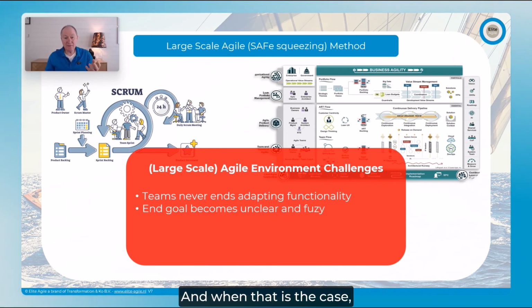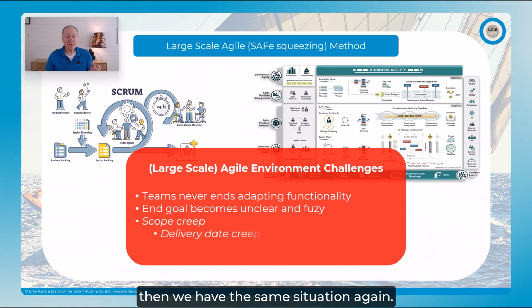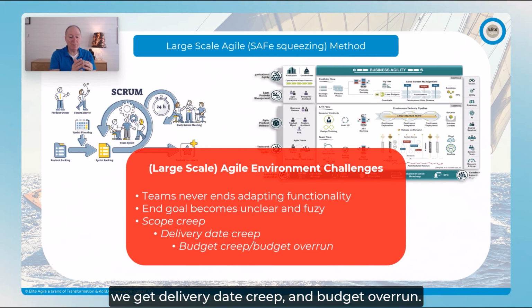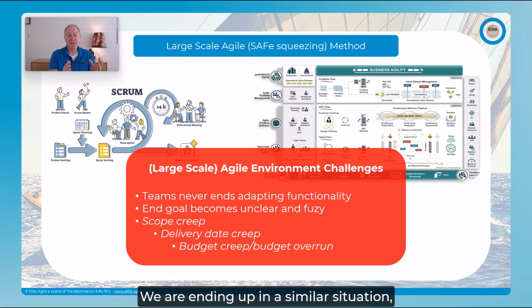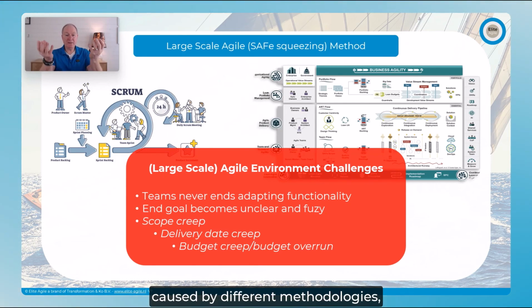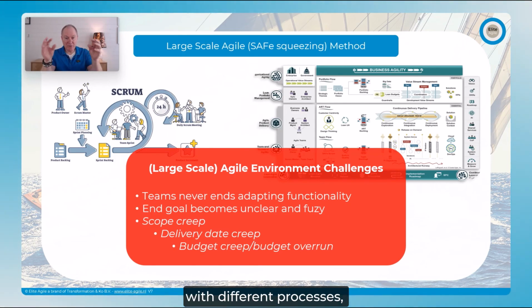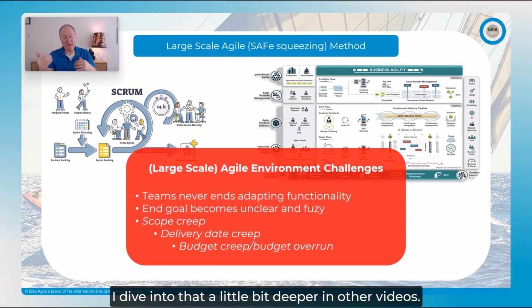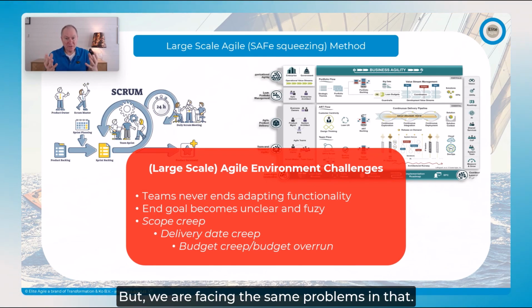And when that is the case, then we have the same situation again. We get scope creep, we get delivery date creep, and budget overrun. So we are ending up in a similar situation caused by different methodologies with different processes. So there is something else going on. I dive into that a little bit deeper in other videos. But we are facing the same problems in that.